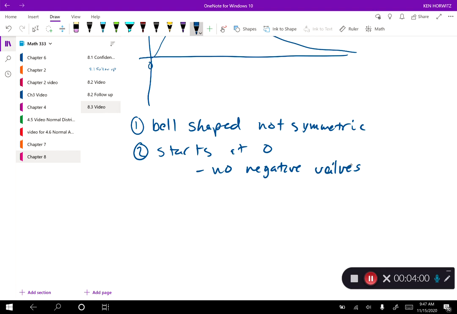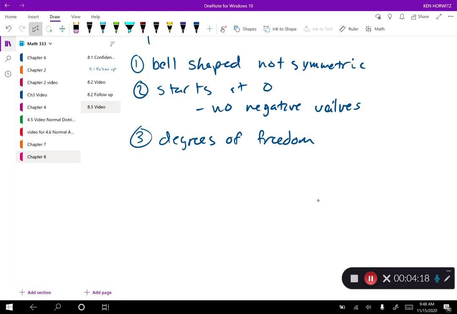We're also going to continue to use our degrees of freedom. I talked about what degrees of freedom were in the last video. If you want a refresher, go back to that. Now, the key difference here is our chi-square is going to give us area to the right.